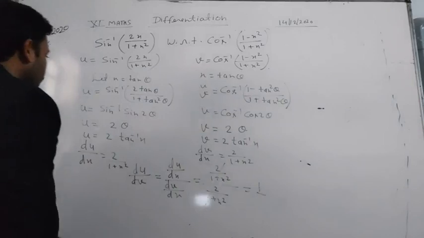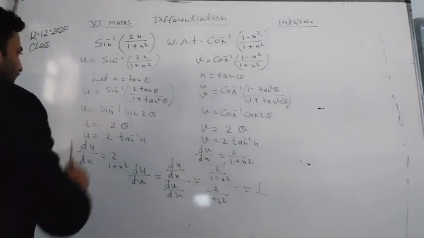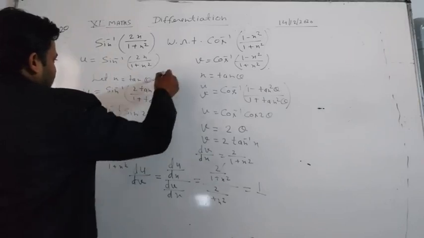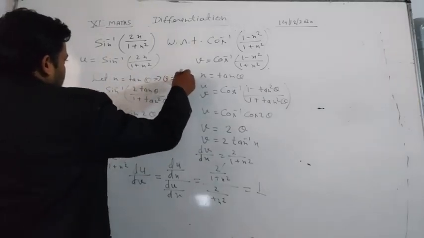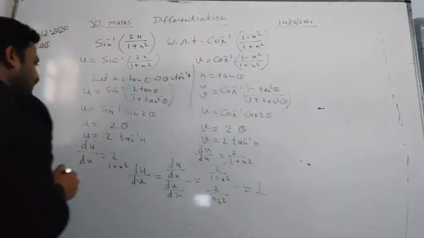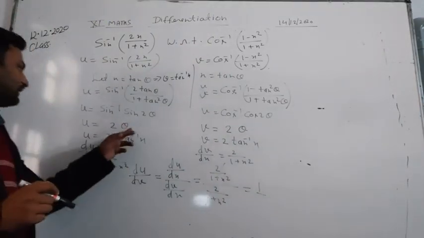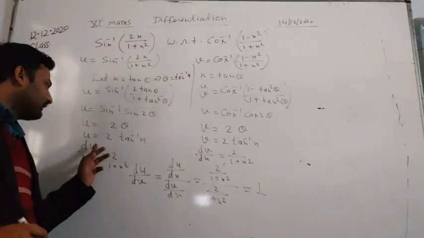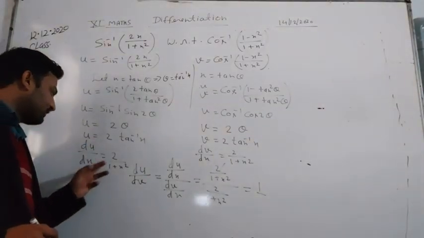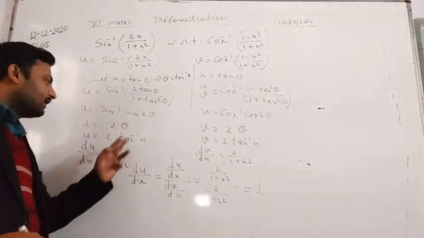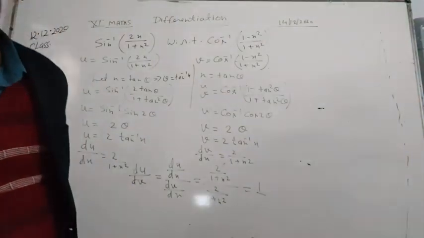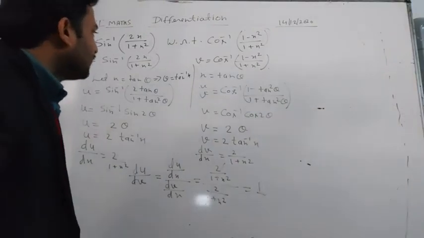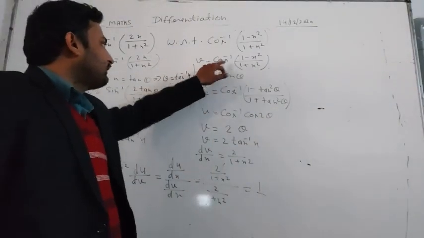Now it can be written as 2 theta, but we supposed x is tan theta, so theta will be tan inverse x. Okay, student. So we replace theta with tan inverse x, and now we differentiate this term with respect to x. We are getting 2 by 1 plus x square, since we know the differentiation of tan inverse x is 1 by 1 plus x square.